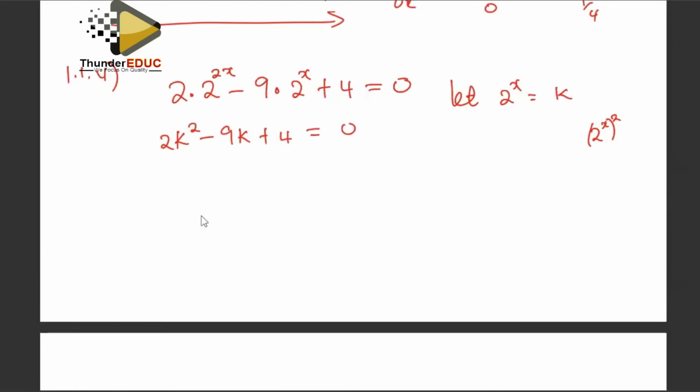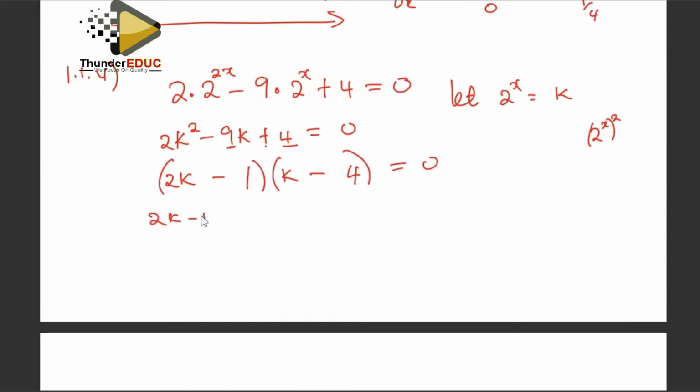Then if we factor this out to look for the values of k, I'll use the brackets. So if this is a 2k and this is a k, what do I multiply to give me 4? And then I'm going to have a 9, meaning that I can put a 4 here and then I put a 1 there. And I use negatives because negatives are going to give me a positive. When I open up, the sum is going to be negative 9, is equal to 0.